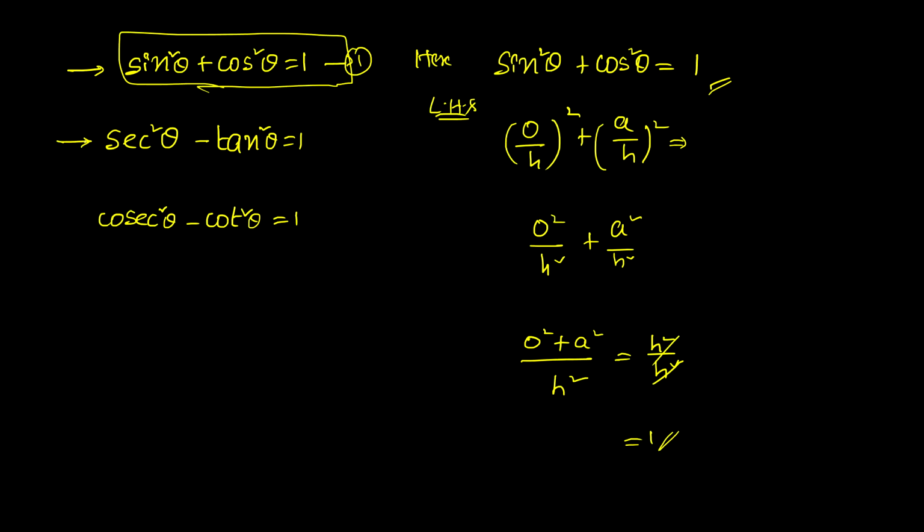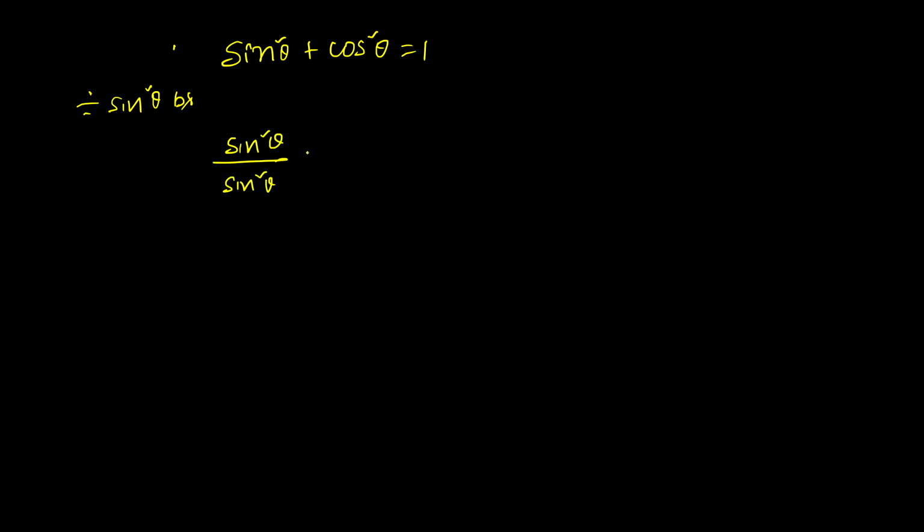Using the first identity, sin square theta plus cos square theta is equal to 1, let us now divide with sin square theta on both sides. Now we will get sin square theta by sin square theta plus cos square theta by sin square theta is equal to 1 by sin square theta.